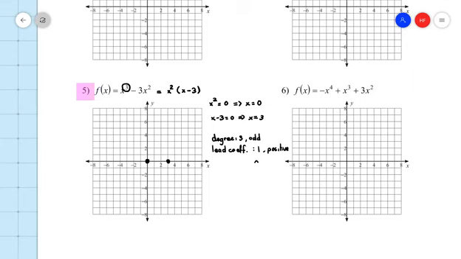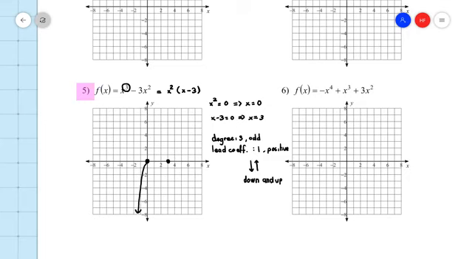So positive tells me it'll end up, and odd tells me they'll be opposites, so my end behavior would be down and up. Order does matter. So my end behavior is down and up, and those are my zeros on the graph there. So then what I will do is make a sketch of my graph.